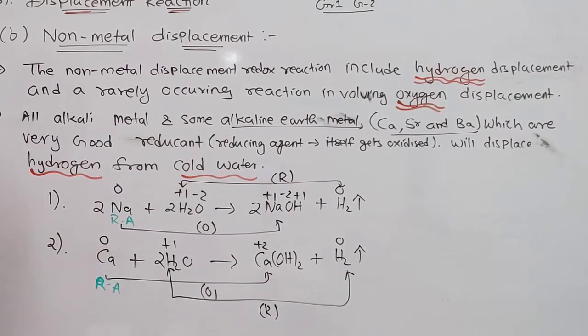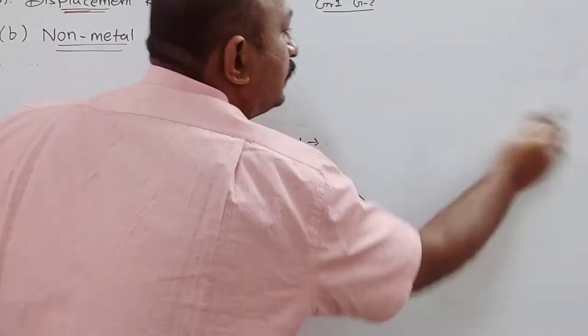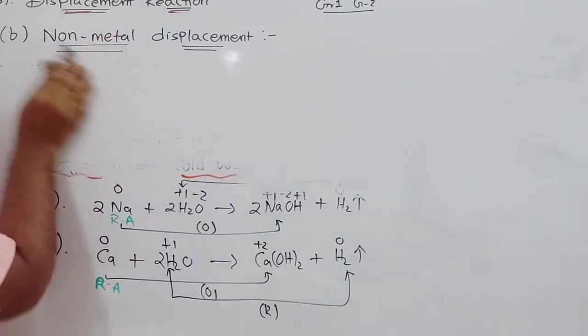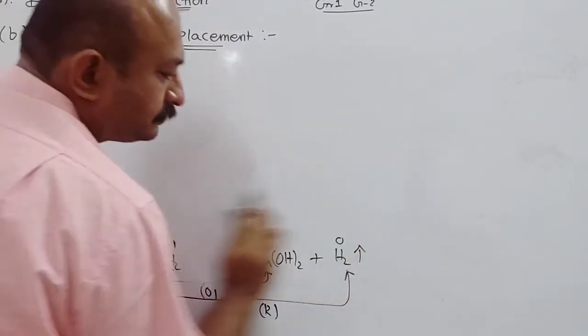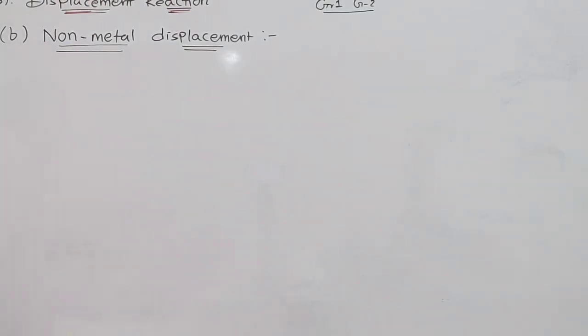Now the next part is with less reactive metals. All this you have to write in your fair book. Complete your fair book, it will be helpful for you to understand this topic. Now the next one is less active metals.